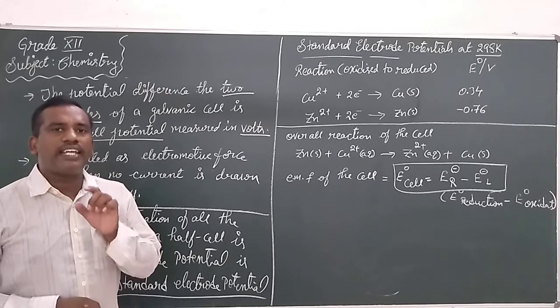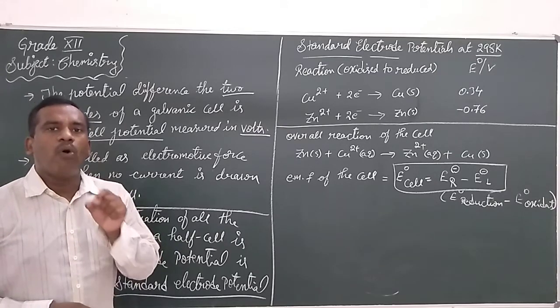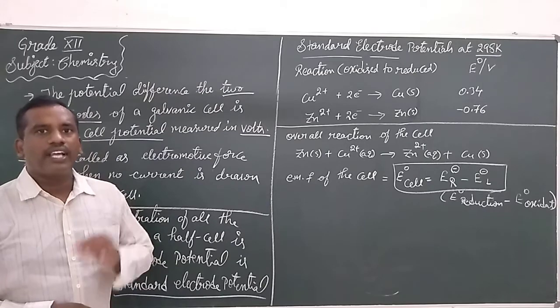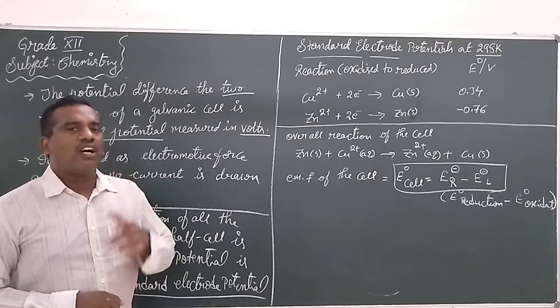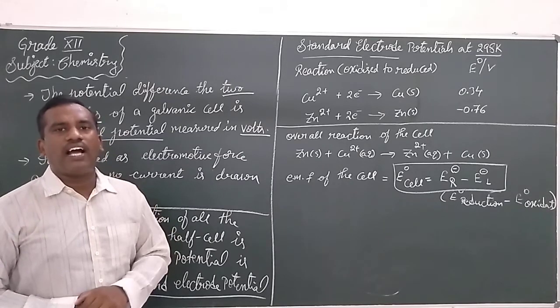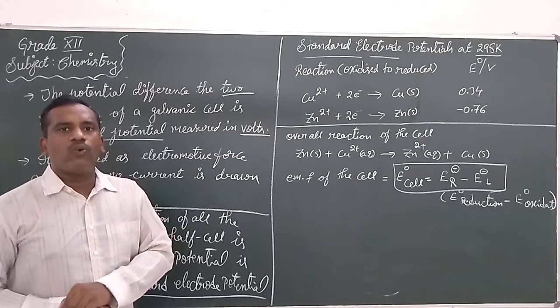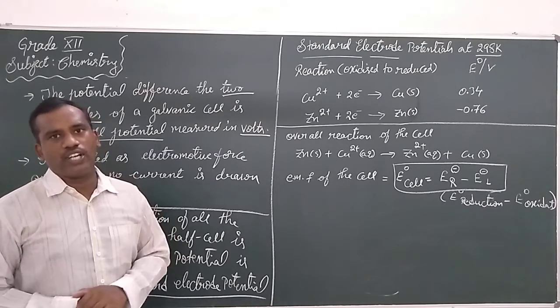For the highly reactive metals, their electrode potential will be in a more negative form than the less reactive metals. Now we can say the less reactive metals will have less negative or positive electrode potentials.